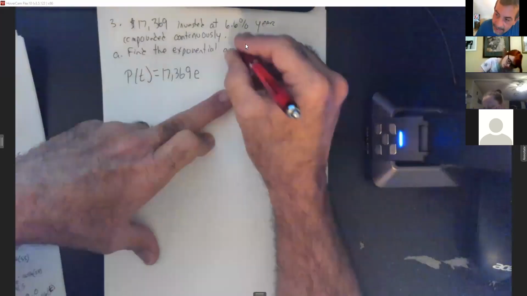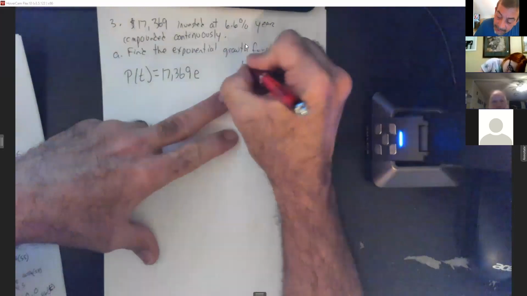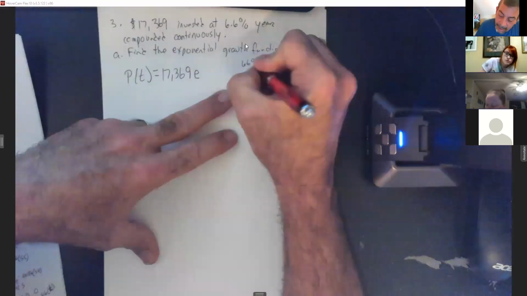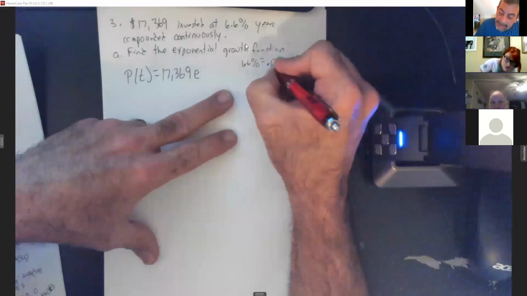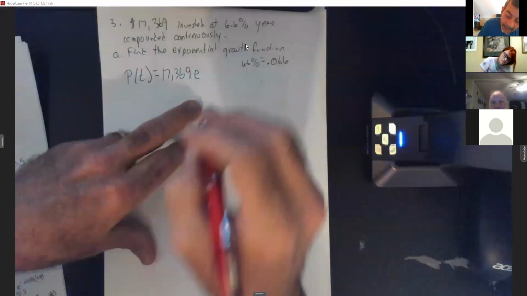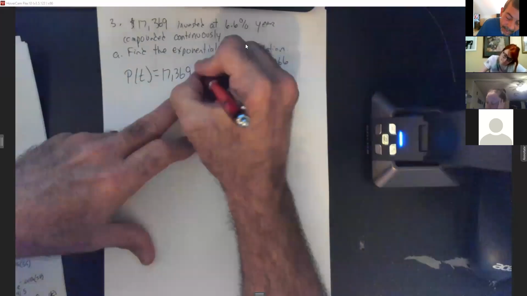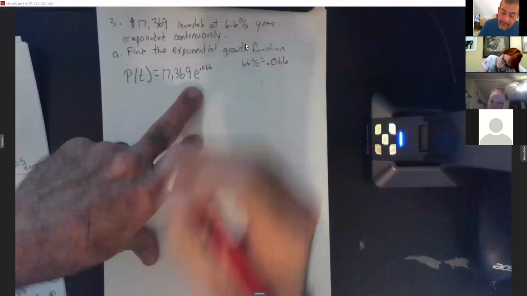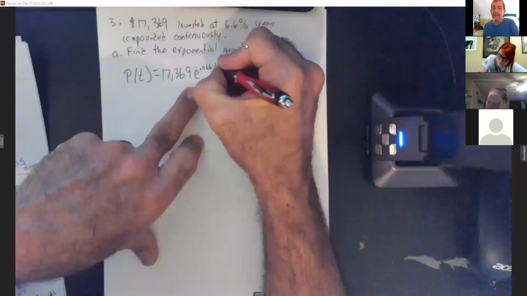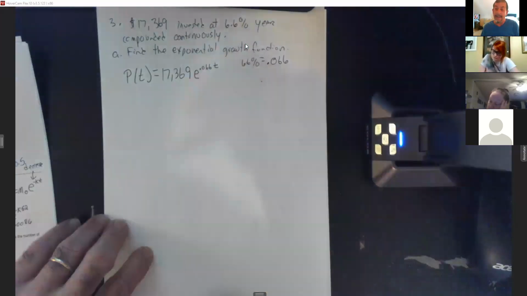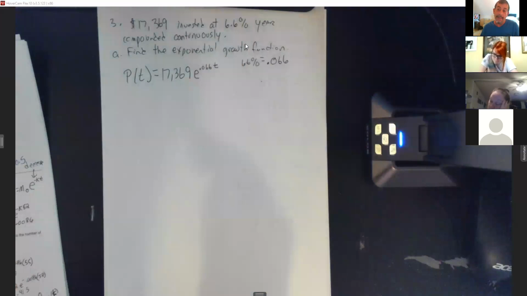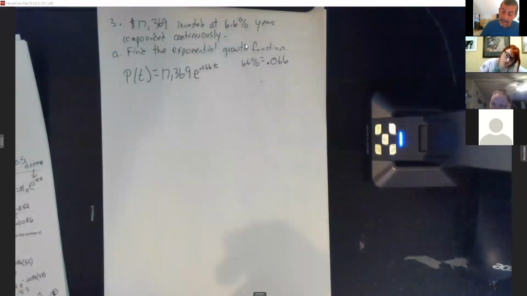So we've got 6.6%. That's going to equal 0.066. So that'll be my k. 0.066 times t. So if I know how many years have passed, I can find out what amount is available in my account. All right, so that was part A.